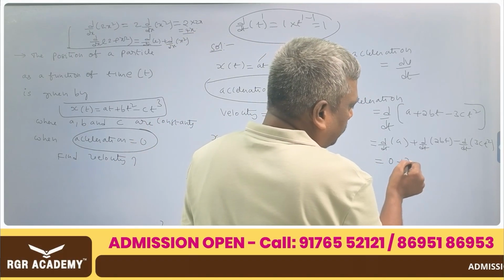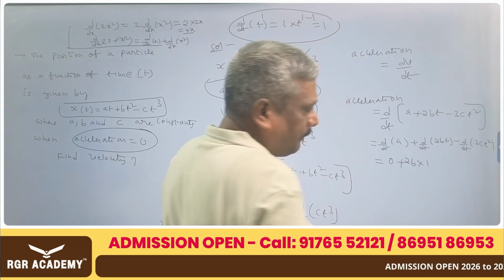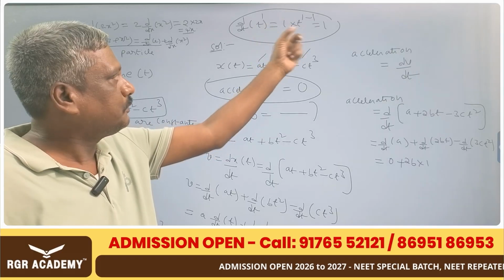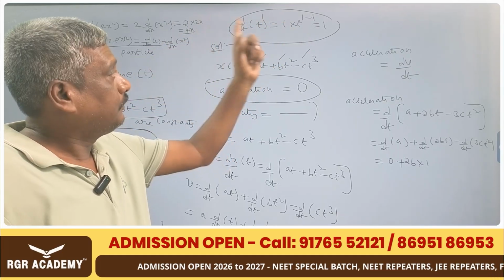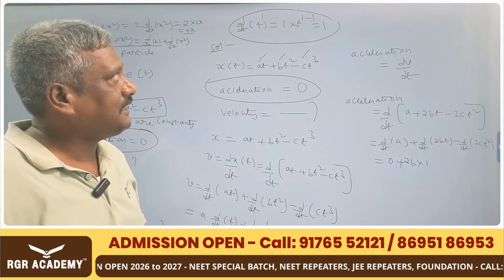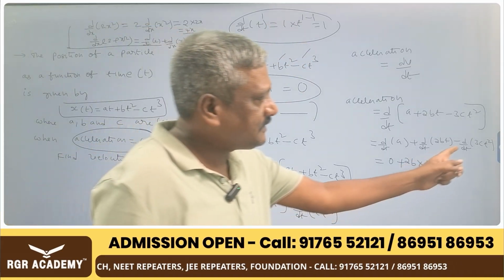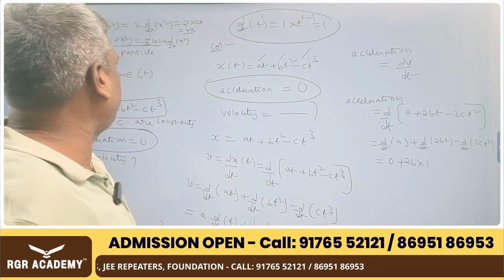2b can be taken outside. Derivative of t becomes what? 1. See here, how the derivative of t becomes 1? Already discussed. 1 into t power 1 minus 1, so it becomes 1. For the last term, 3c can be taken out.